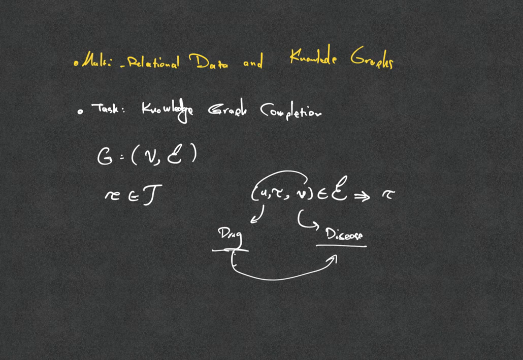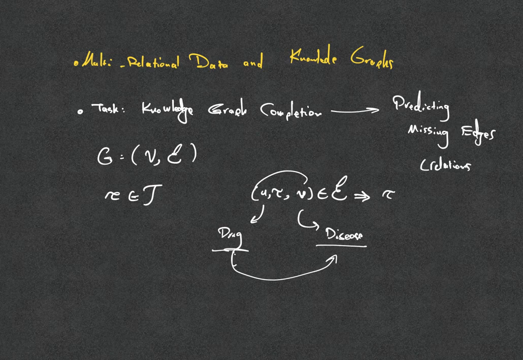Now, the task of knowledge graph completion has to do with predicting missing edges, which is also called relationship prediction. However, there are examples of node classification, etc., defined on multirelational data and knowledge graphs as well.